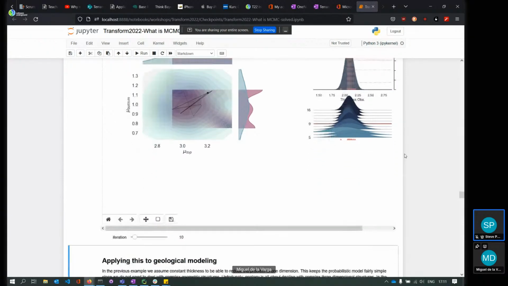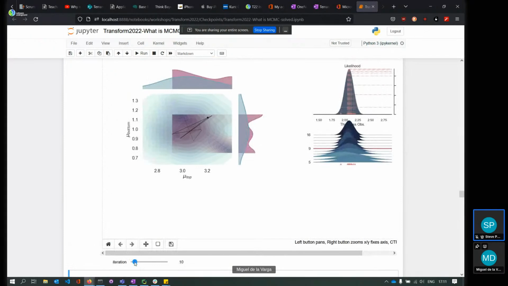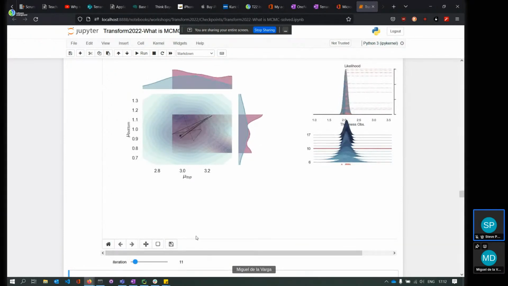And again, in each of these iterations, we are just sampling from our prior space. So in this case, we have sampled this point from the mean top and this point from the mean bottom. It's more likely to sample from the areas with higher probability than from the wings of our blue functions.